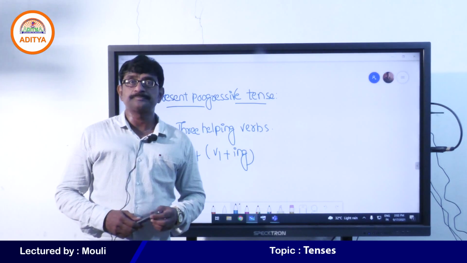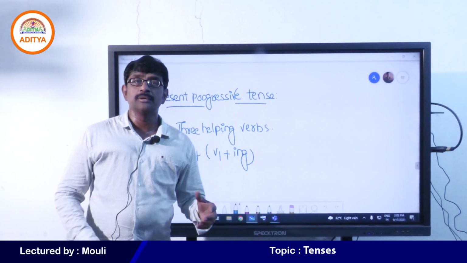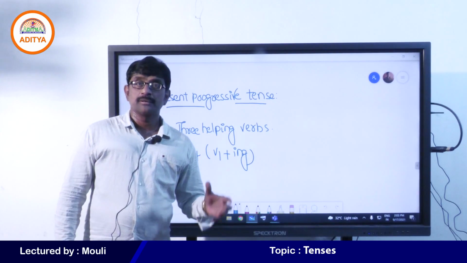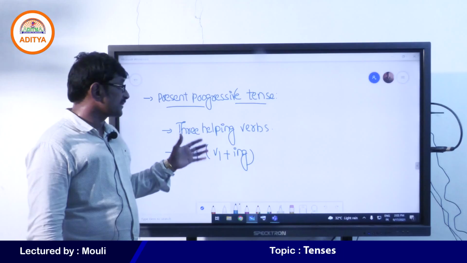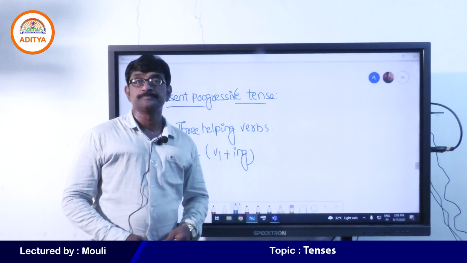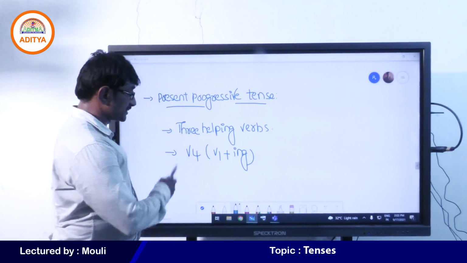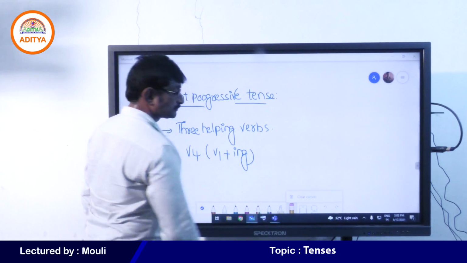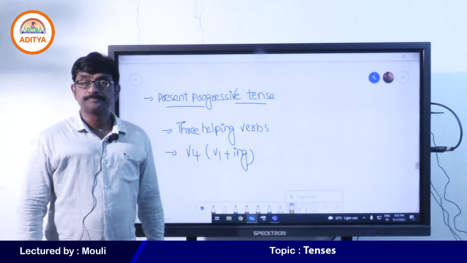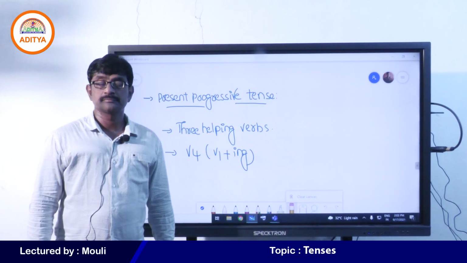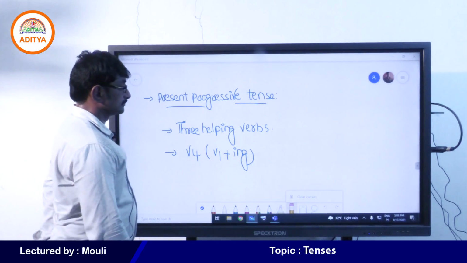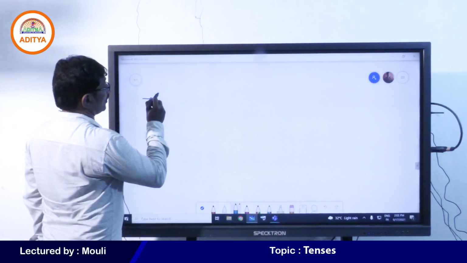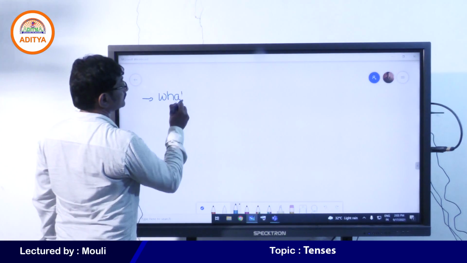In this tense, we come to know how to use progressive actions. Let us now verify what the helping verbs are here. If you have written this, I will go for the next one. Okay, students, what are the helping verbs?